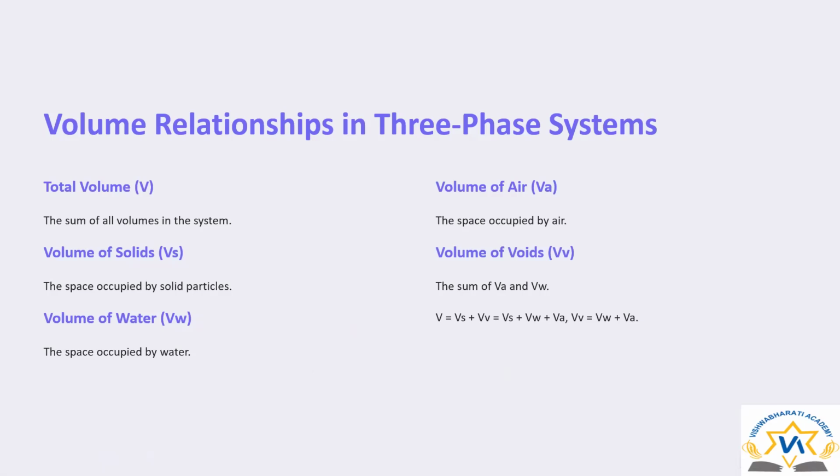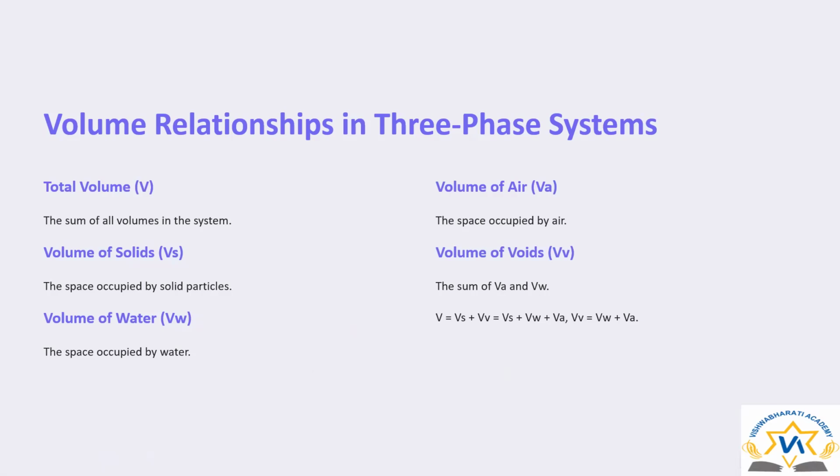In this system, the main component is the volume, the total volume, which we calculate. But what is the total volume? It is called the sum of all volumes in the system.